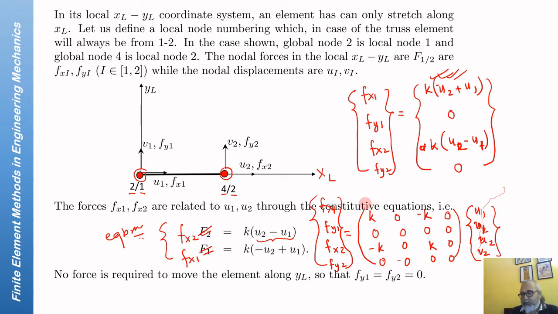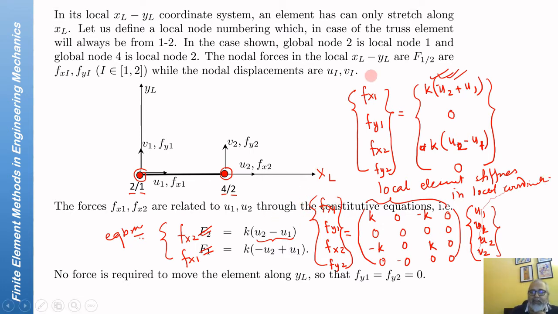So this is my local element stiffness equation, in local coordinates. This is in the xL, yL, that's why it's the local element stiffness in the local coordinates.